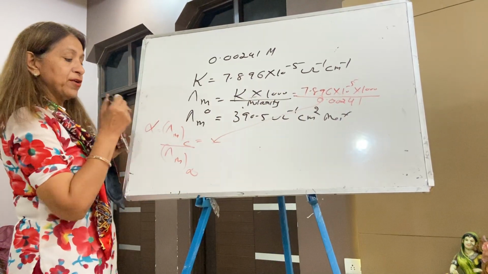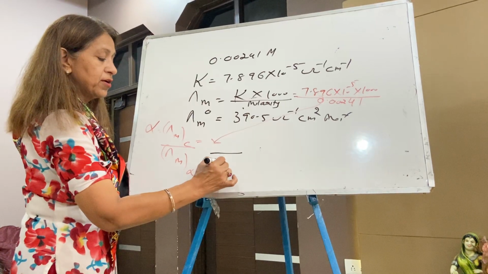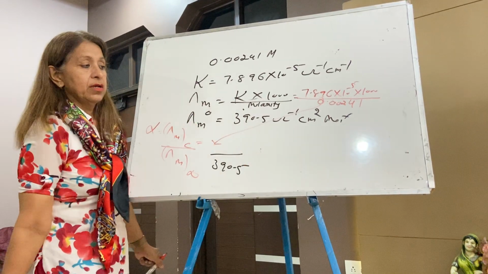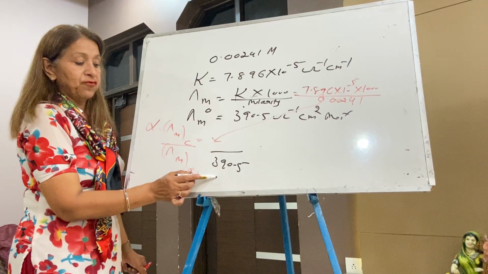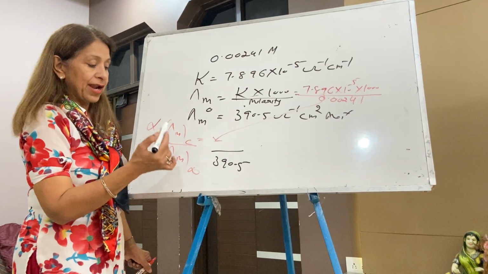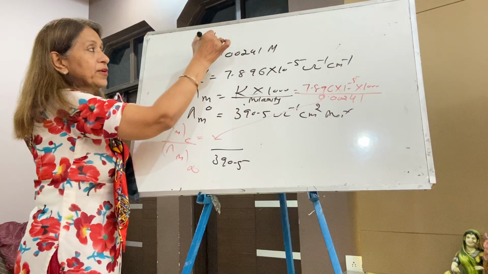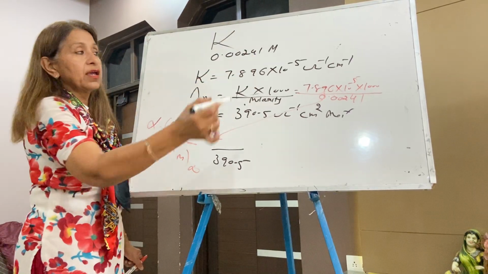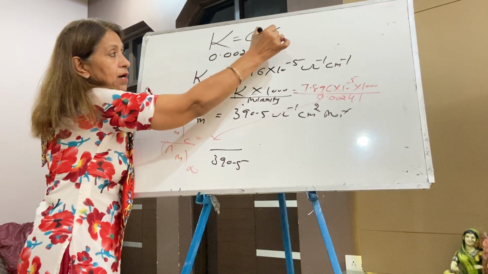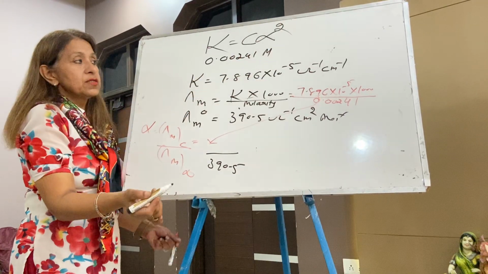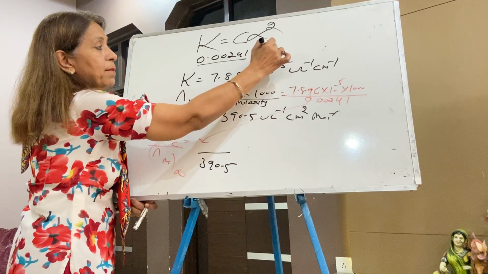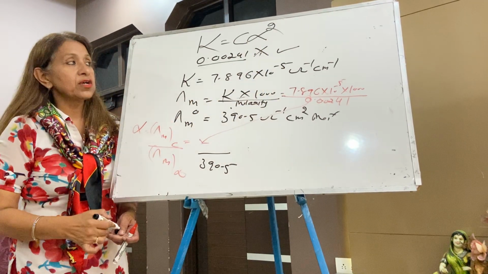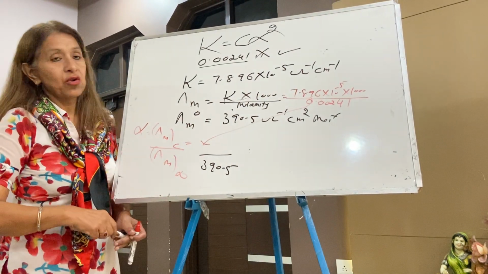And lambda m at infinite dilution is given as 390.5. After calculating alpha, calculate the dissociation constant K. K is equal to C alpha square. C is this concentration. Whatever alpha comes, you put here, take the square, multiply by C, and your answer comes.